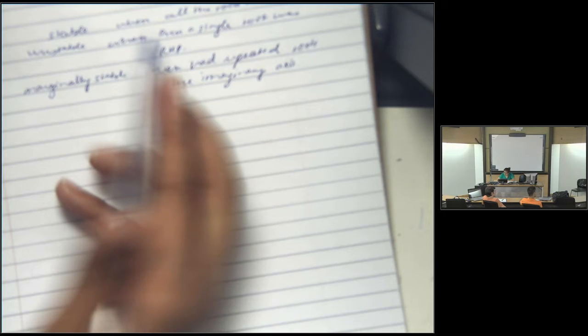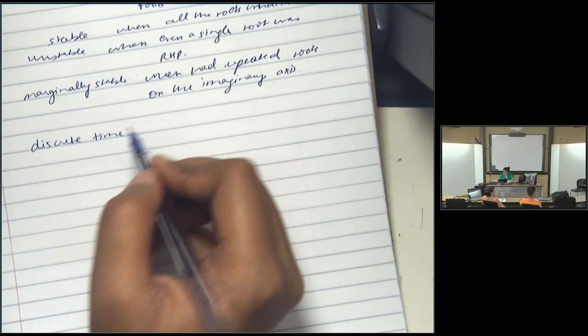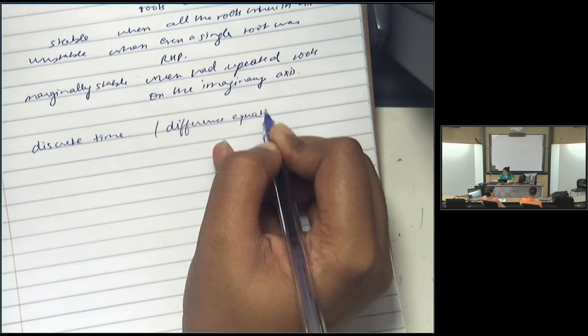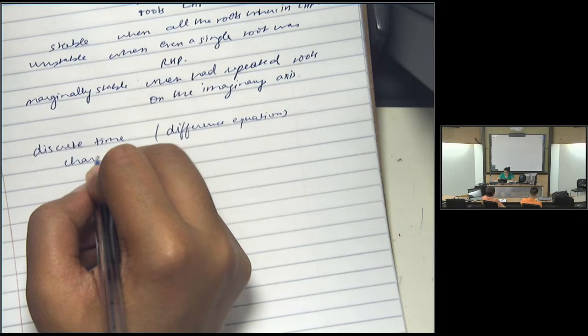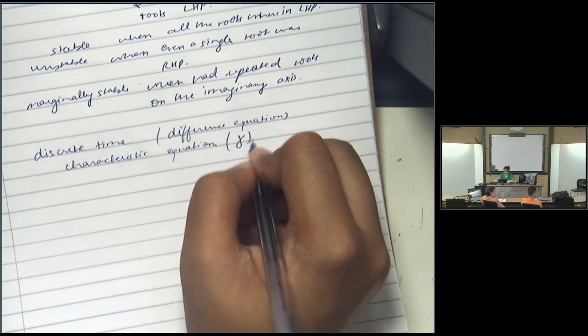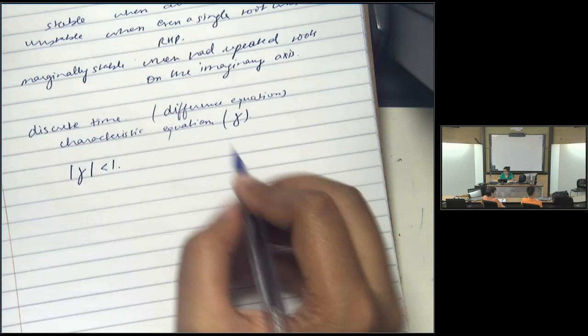For discrete time, or when we had difference equations, we again found a characteristic equation, and this was in terms of gamma. And we said it was stable whenever the absolute value of gamma was less than 1.